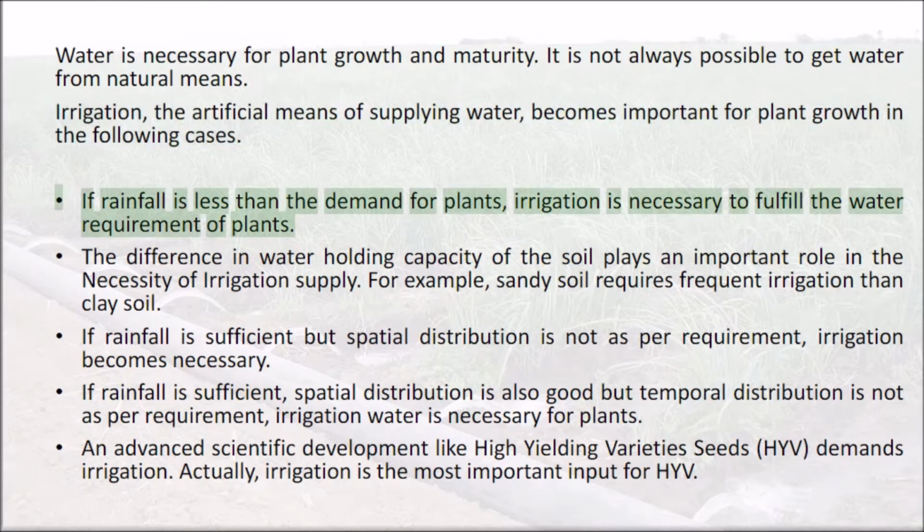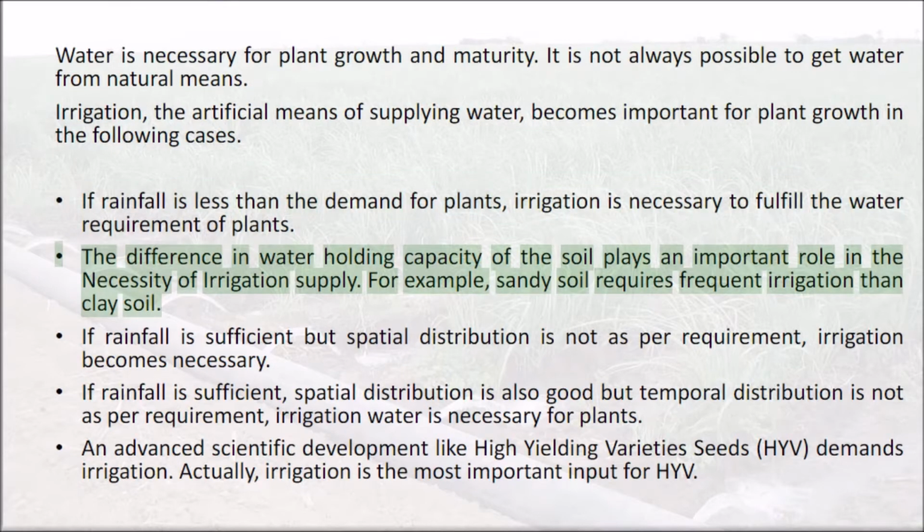If rainfall is less than the demand of plants, irrigation is necessary to fulfill the water requirement of plants. The difference in water holding capacity of the soil plays an important role in the necessity of irrigation supply. For example, sandy soil requires more frequent irrigation than clay soil.